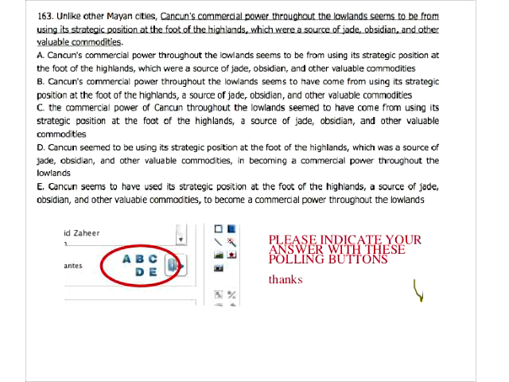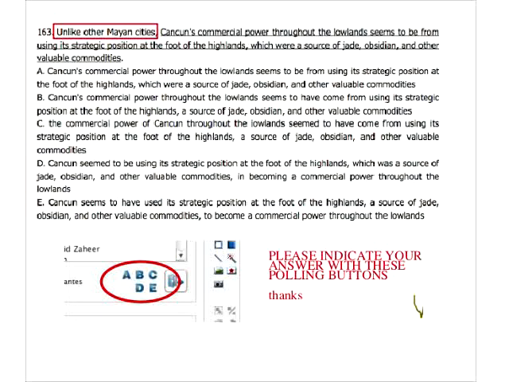This one starts again with unlike. So unlike other Mayan cities, I think we know the drill by now, but let's look at it. The initial modifier is unlike other Mayan cities. So we have to be comparing this to an actual other Mayan city. Modifier must refer to another city.